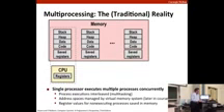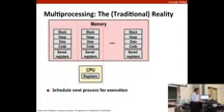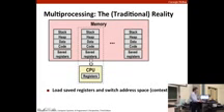So it copies the current register values into memory and saves them. Then it schedules the next process for execution, and it loads the registers that were saved the last time that process was running into the CPU registers, and then it switches the address space to the address space for this process.